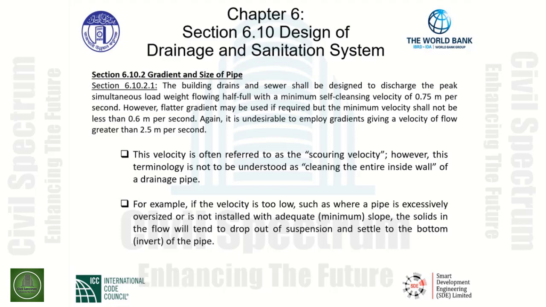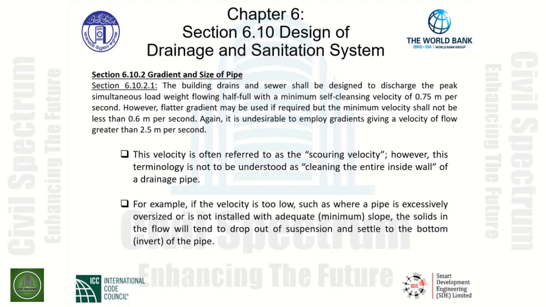However, a flatter gradient may be used if required, but the minimum velocity shall not be less than 0.6 meter per second. Again, it is undesirable to employ gradients giving a velocity of flow greater than 2.5 meters per second.